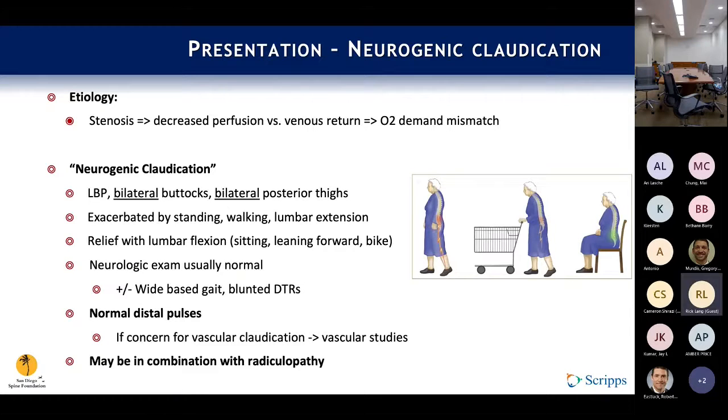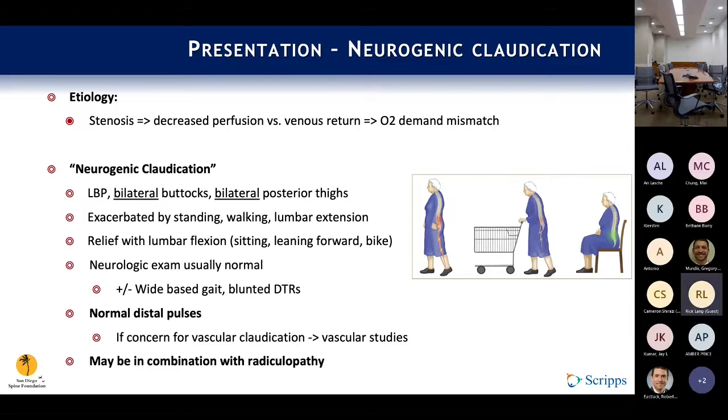The general etiology for it is decreased perfusion to your nerve roots. There are different theories, whether it be via a decreased arterial supply or a venous overload. Either way, you get an oxygen demand mismatch presenting in symptoms with the patient's lumbar spine in extension or standing position.